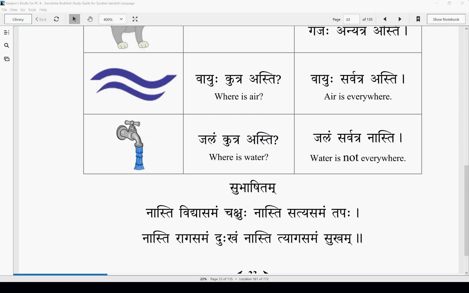And nasti raga samam dukkham. There is no sorrow equal to or greater than attachment. Why? Because the more we are attached, we are bound by that object of attachment, whether it is a relationship or a possession.